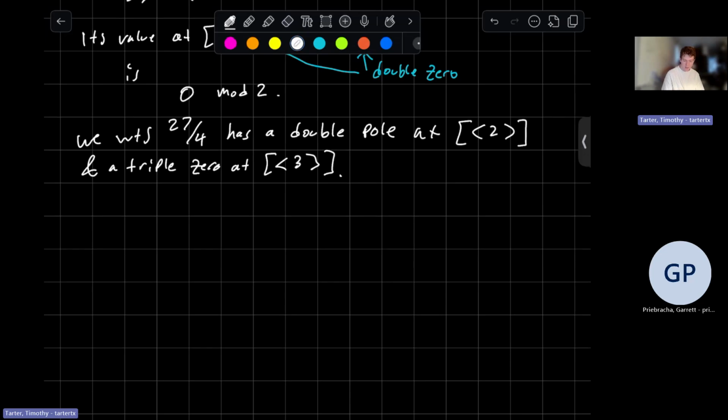And so basically its value at 5 is 27 times 4 inverse mod 5.